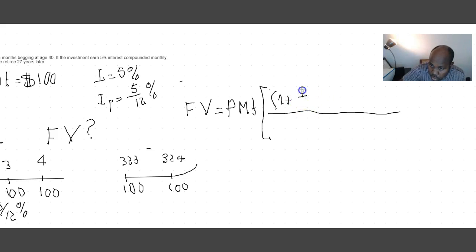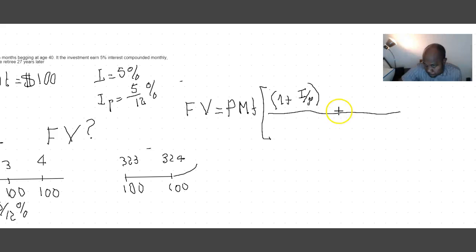To make it general for every case, let's call it E over P, where P is the number of periods, and in this case it's 12.